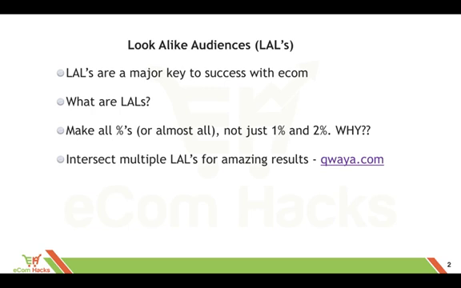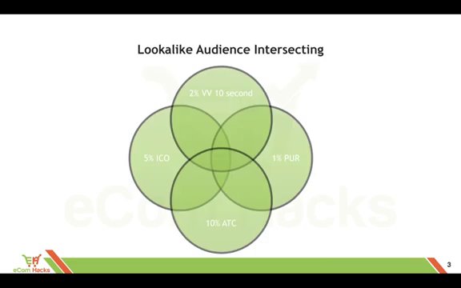And I'm going to actually talk to you about intersecting multiple lookalikes, which will get you some amazing results. And for something like this, you need a third-party software. I have a website up here called Quaya, and Quaya allows you to do this. So, for example, you can take a bucket of people who have viewed your video for 10 seconds and create a 2% lookalike of those people.